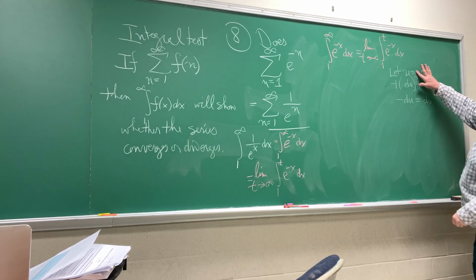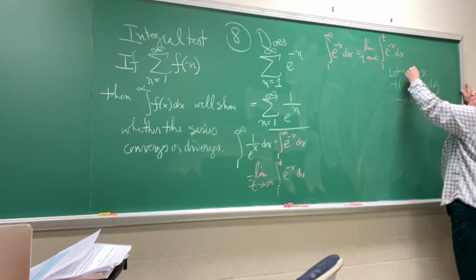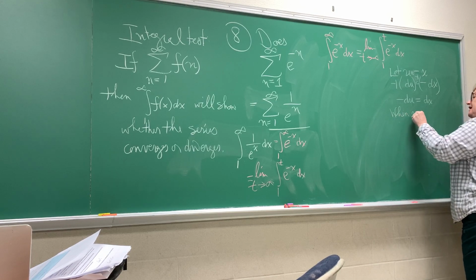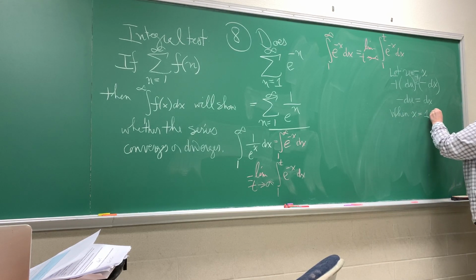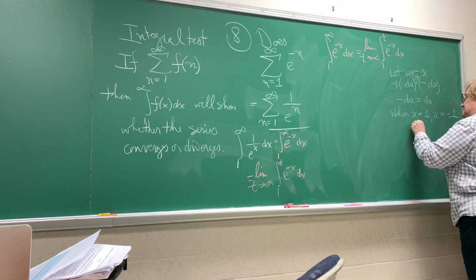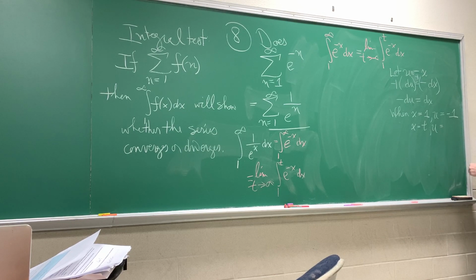And there's one other little thing. We want to change our limits of integration. When x is equal to 1, what is u? Good. When x is equal to t, what is u? Good.